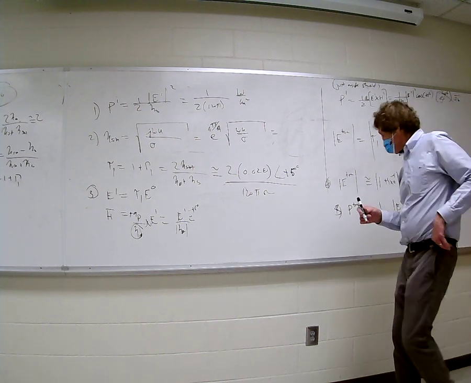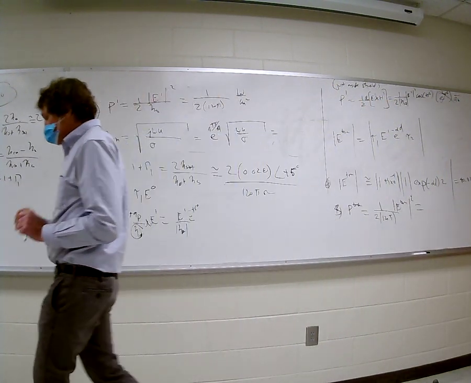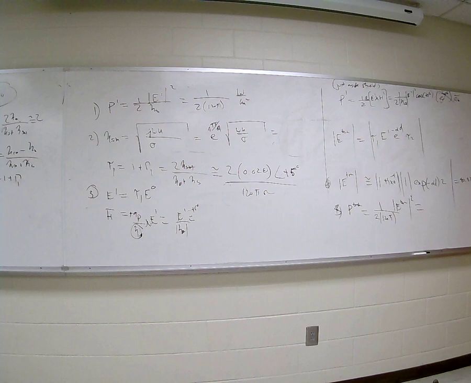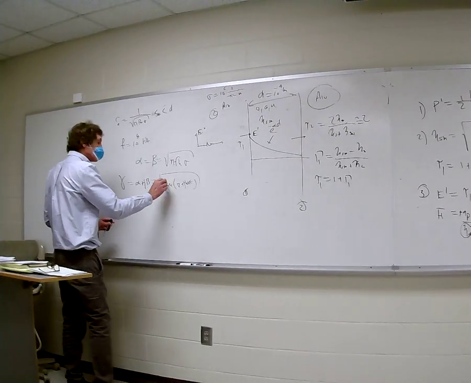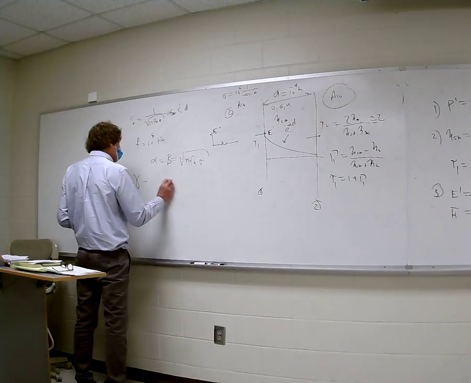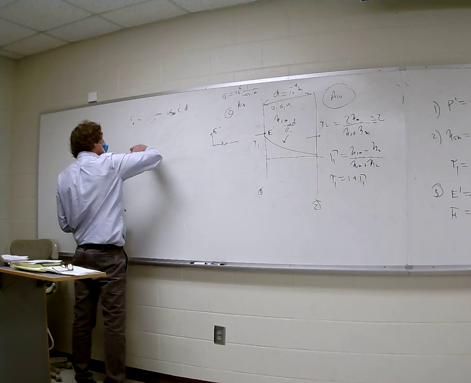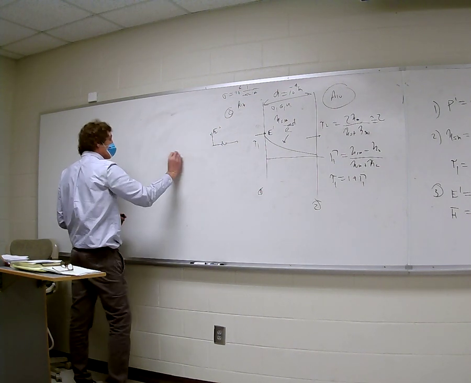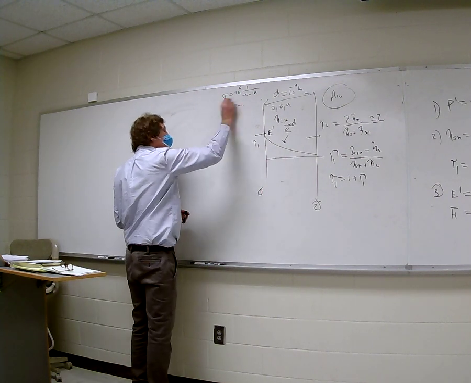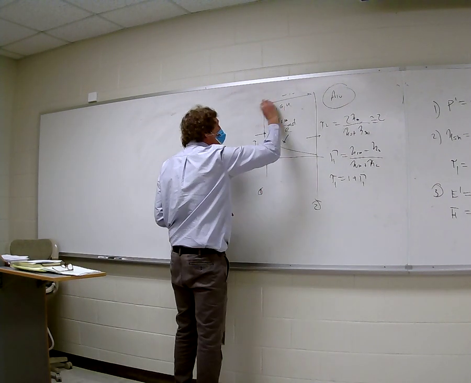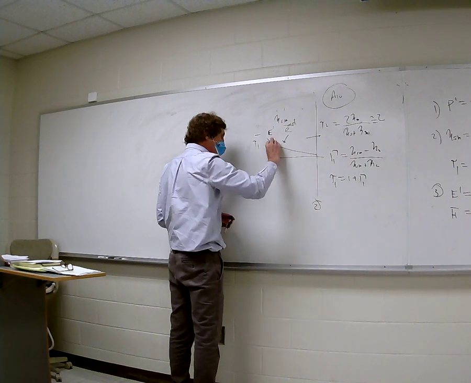I'm going to say one other thing too. Please make sure if you're dealing with something that's propagating in a lossy region or you're unsure, use this equation for attenuation. I'll put it down here so we're clear about it. This was on problems I gave you early on in transmission through a good conductor.